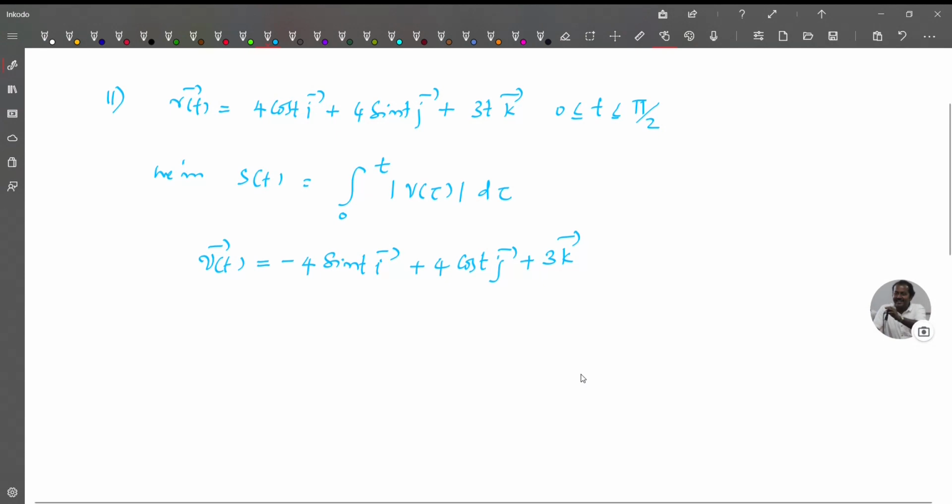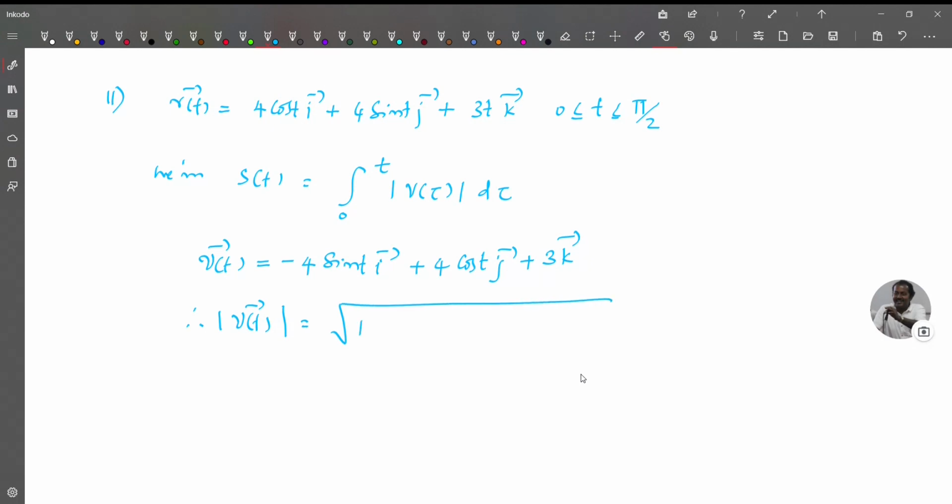Therefore, modulus of v of t is square root of 16 into sin square t plus cos square t plus 9. So that is equal to square root of 16 plus 9. So that is root 25. That is equal to 5.